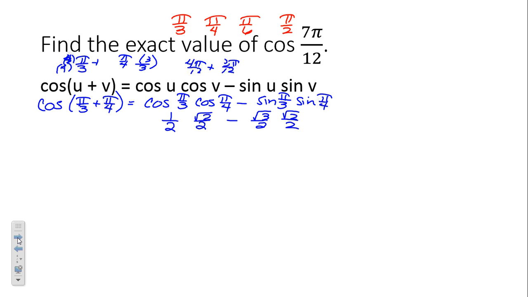Okay. So we get the square root of 2 over 4 minus the square root of 6 over 4. You can leave it like that, or since they have a common denominator anyway, you can write them over one denominator.